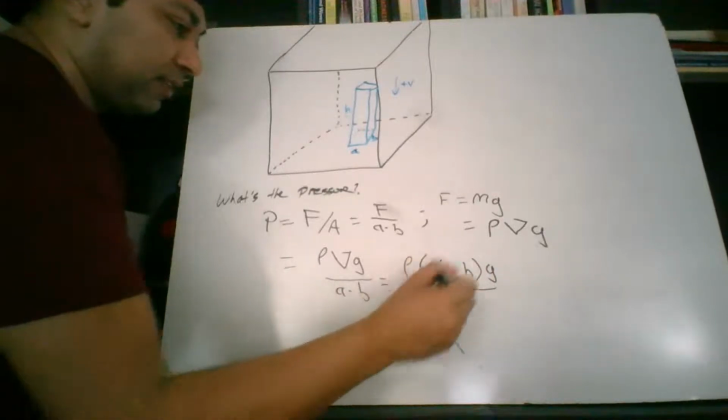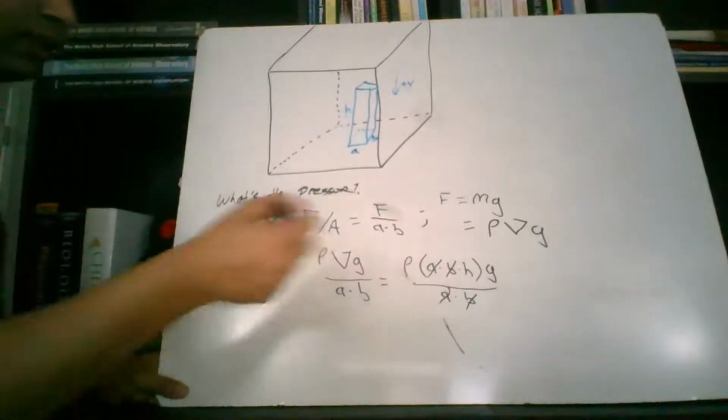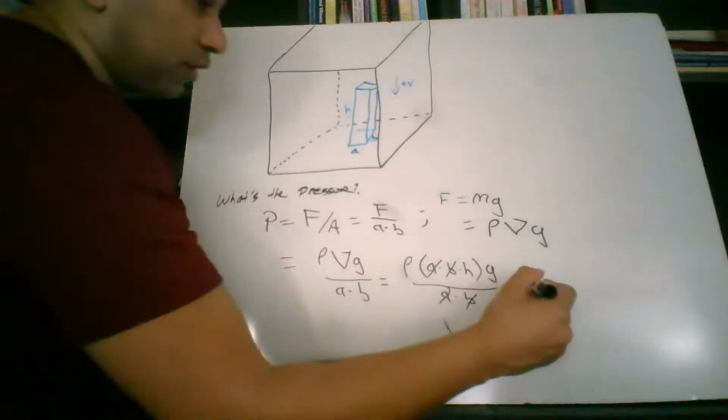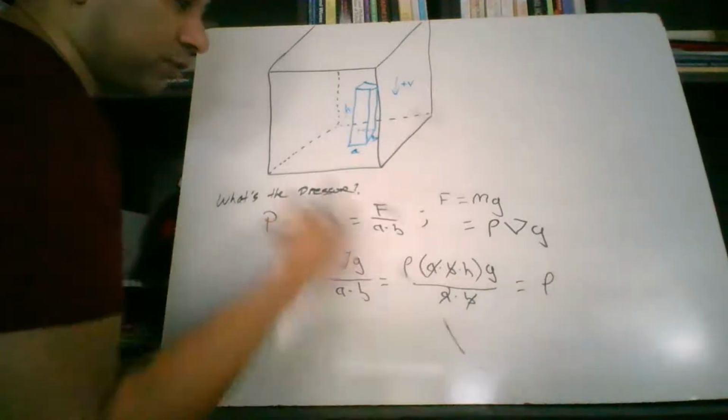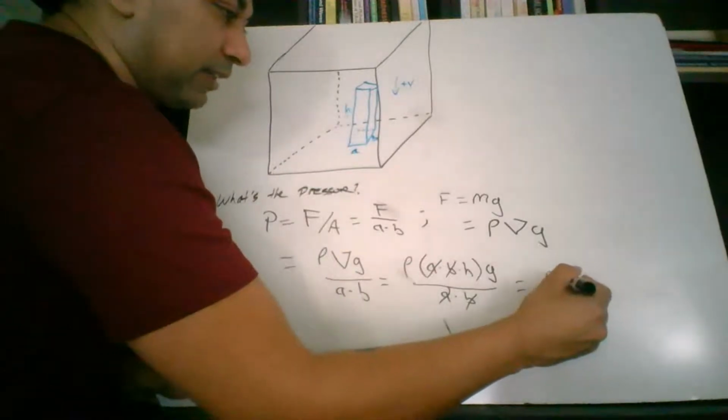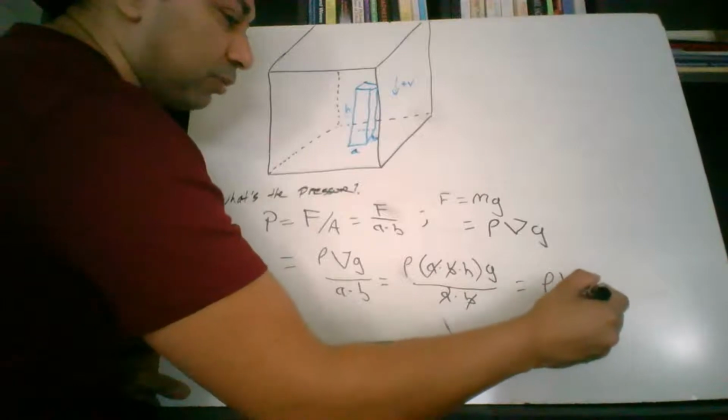The A's cancel out, the B's cancel out, and we have an equation for pressure: pressure equals the density of the fluid multiplied by the height multiplied by g.